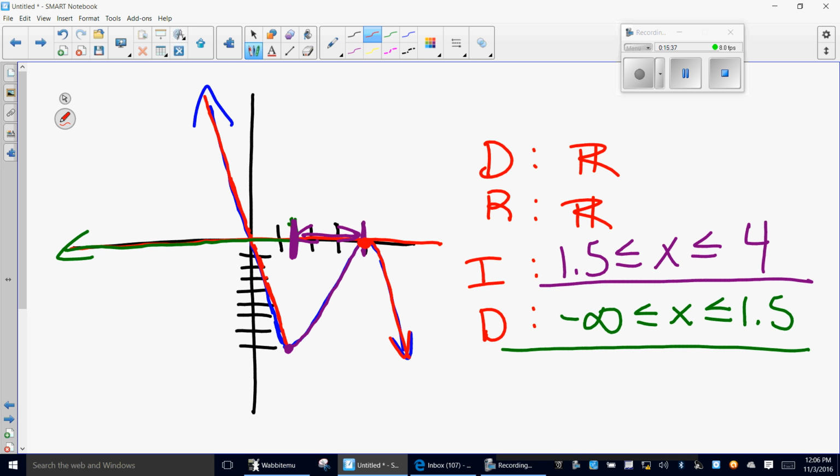If I was going to state this on an interval, this would be from 4 to where? To positive infinity. And that's an increasing interval, right? Or no, excuse me, decreasing. So I'm going to go from 4, which is less than or equal to x, which is less than or equal to positive infinity. So those would be my 2 decreasing intervals.